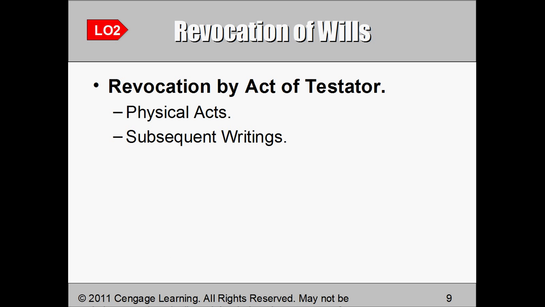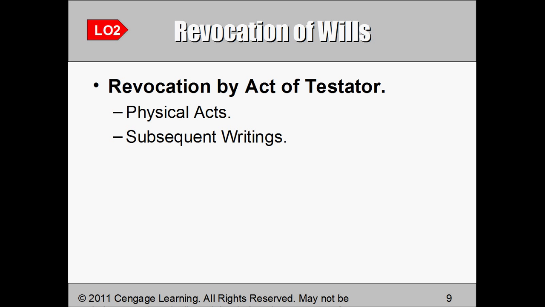Now, revocation of wills. A will can be revoked by the act of the testator, a physical act such as destroying the will, or subsequent writings. So the testator makes another will, and that will revokes the prior will.